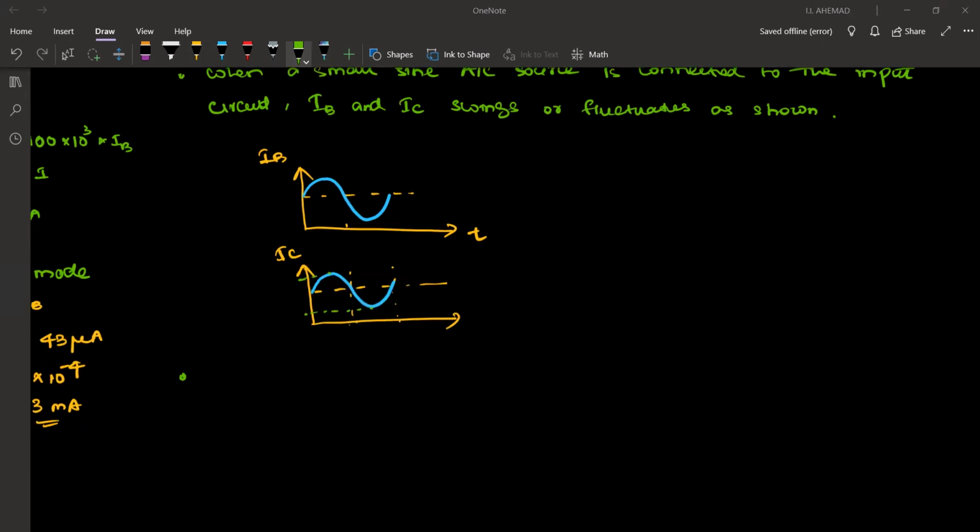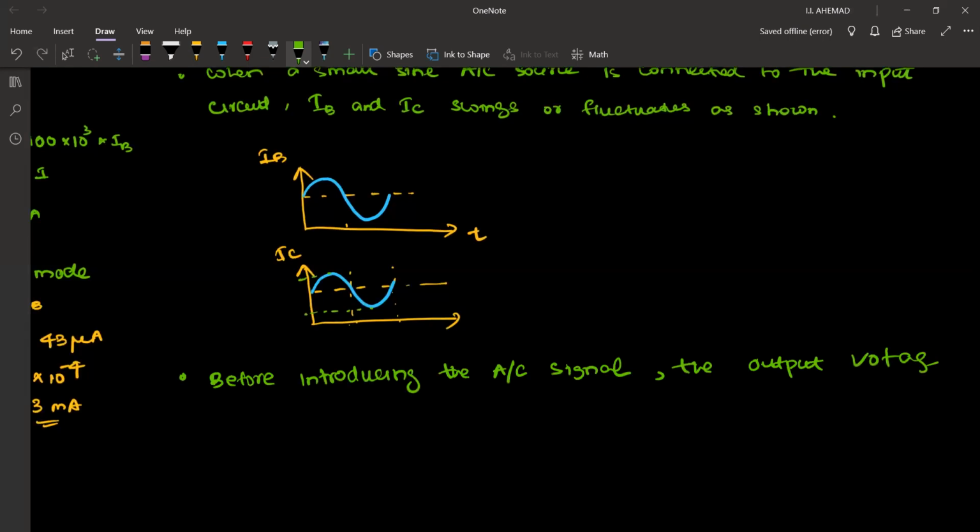Now let's look at the voltage variation at the output. Before introducing the AC signal, the output voltage VCE varies with VBE as follows.